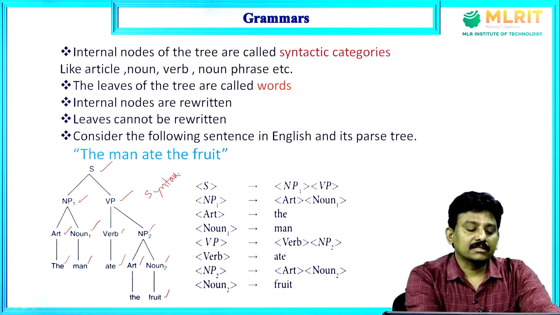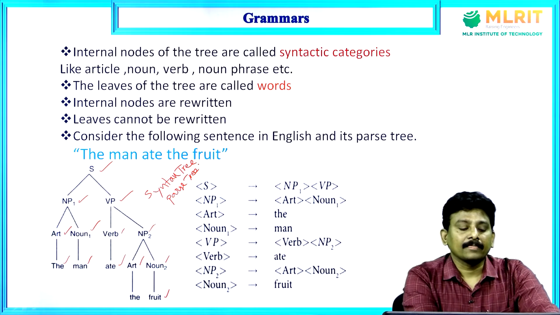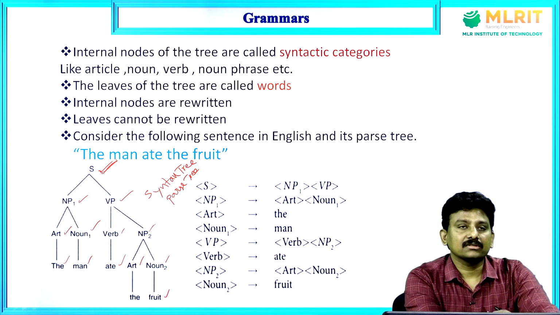This is the syntax tree or parse tree. See, in this tree we have internal nodes and leaf nodes and a starting symbol. S is the starting symbol. Any derivation starts with the start symbol.